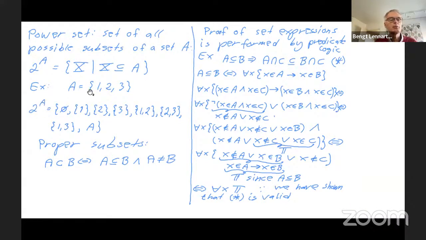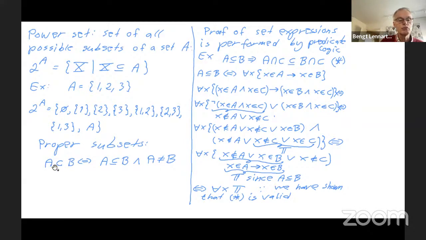So the power set, when A includes 1, 2, 3, includes the empty set, the sets with only 1, only 2, only 3, and 1, 2, 2, 3, 1, 3, and the whole set A. So all subsets of A is the power set. Then we also have proper subsets.